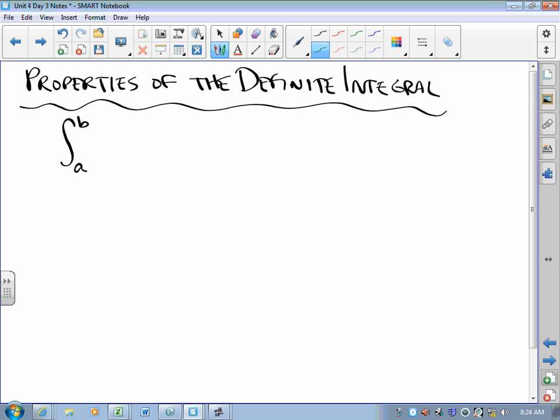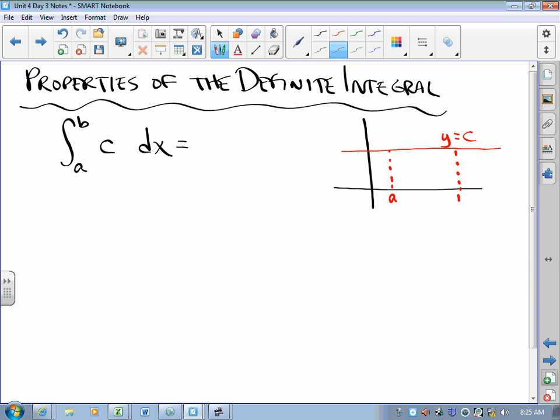First things first. What if we take an integral of a constant function? Here's the function c. Between x equals a and x equals b, what is this area?